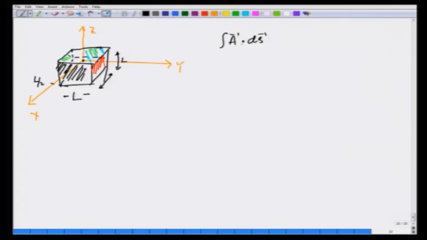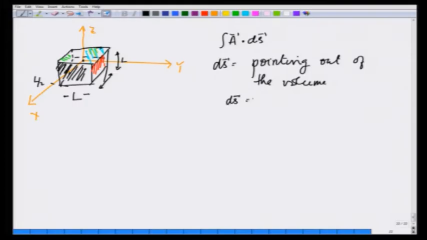Now, when we discuss divergence theorem, remember ds is taken to be pointing out of the volume. On the front surface shown by black, the ds is going to be in the direction of x unit vector.